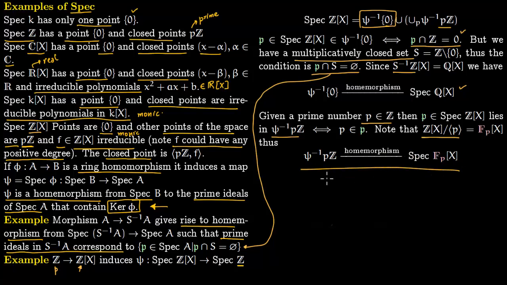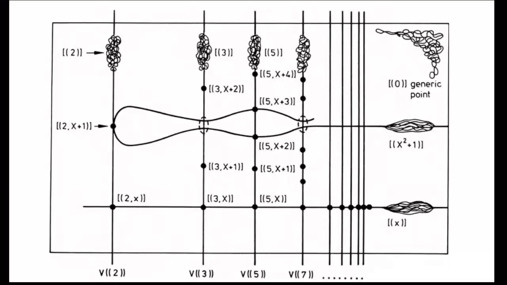Now we will come to a very visual picture of Mumford which describes Spec Z[x] and this morphism visually. This picture we have taken from Mumford's Red Book, in section 2.1. You can think of this entire picture here as Spec Z[x].